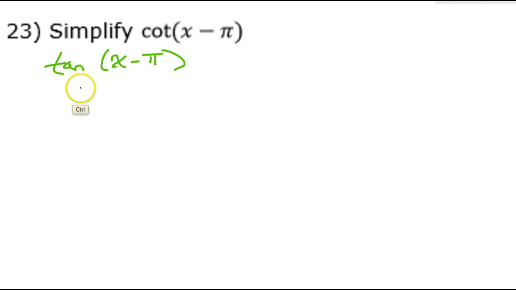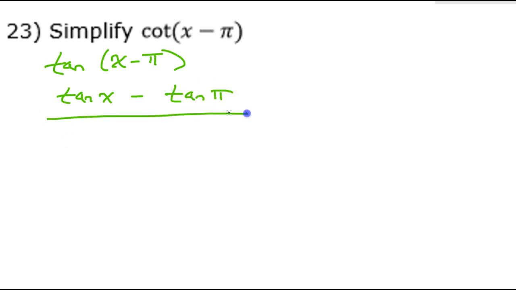So the tangent formula goes tangent minus tangent over 1 plus tangent tangent. So this is going to be tangent x minus tangent pi over 1 plus tangent x tangent pi.